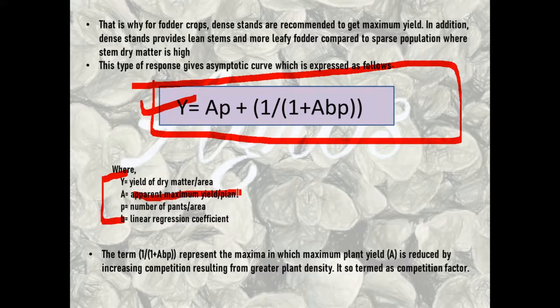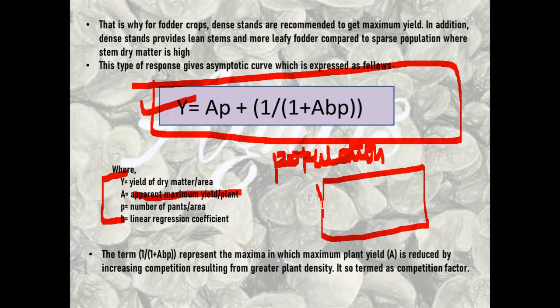This apparent maximum yield per plant is the yield when I am planting the plants at a very wide spacing. The ideal condition I told, when the individual plants perform the best.